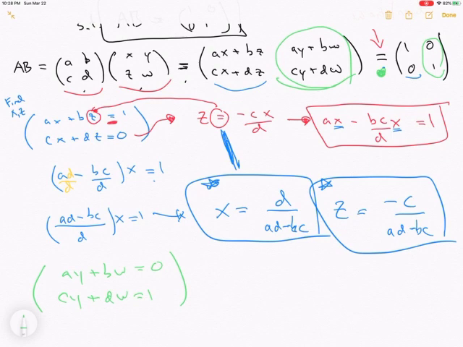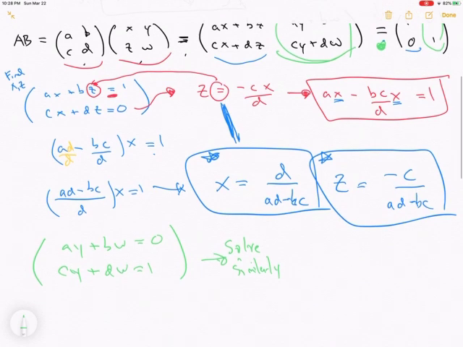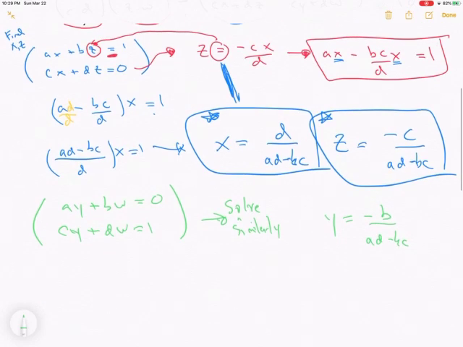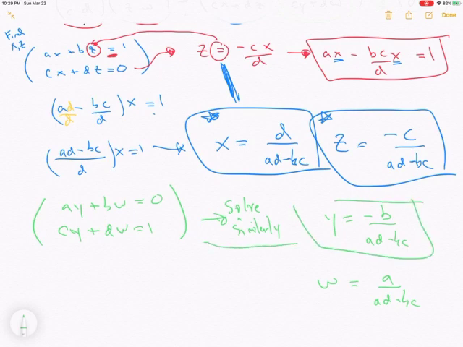We can solve this similarly, or for practice, you can use a different technique: write it as a matrix and do row reduction if you want. When you do that, you'll find that y is negative b over ad minus bc, and w is a over ad minus bc. I'm not doing this work for you, but you can solve the system, and that is what you'll get.